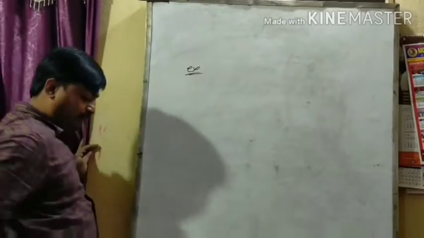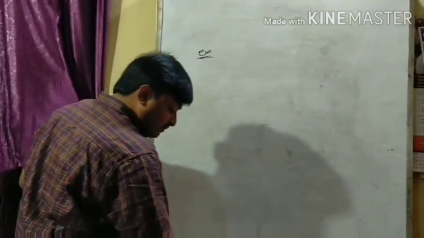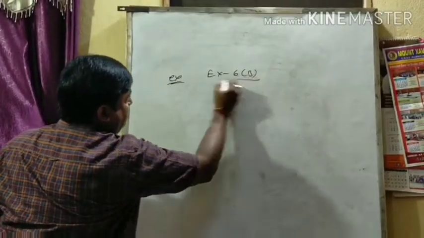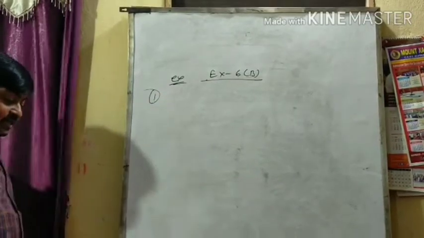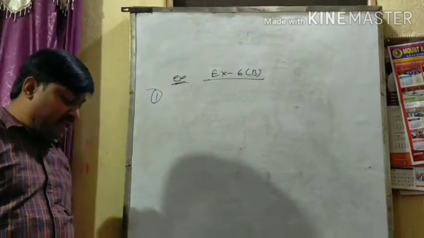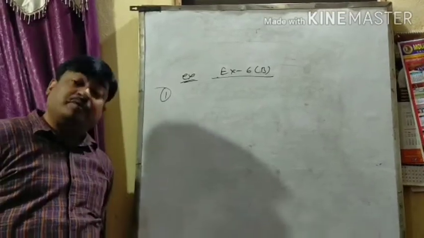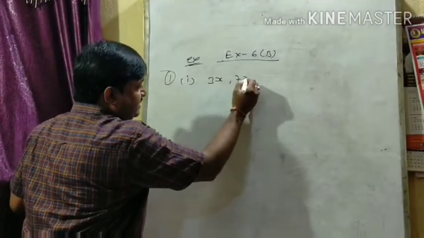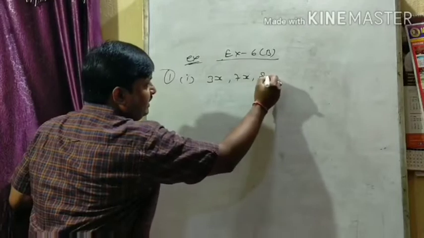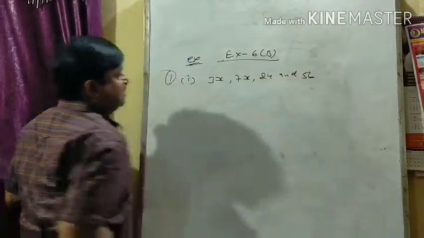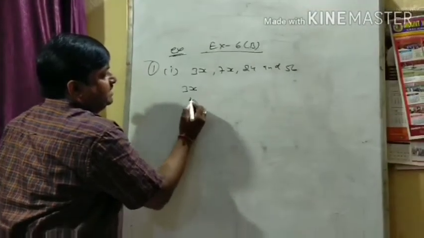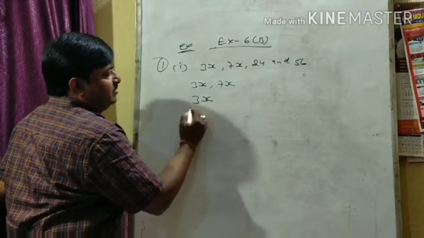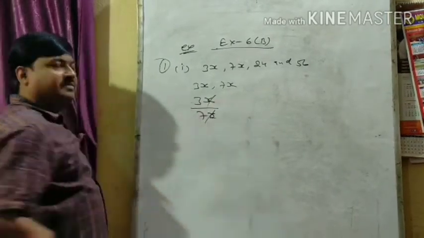Let's take an example from your exercise, that is exercise 6B. Question number 1 is: check whether the following quantities form a proportion or not. The question is 3x, 7x, 24 and 56. See students, we will find the ratio between 3x and 7x. x and x will be cancelled out.